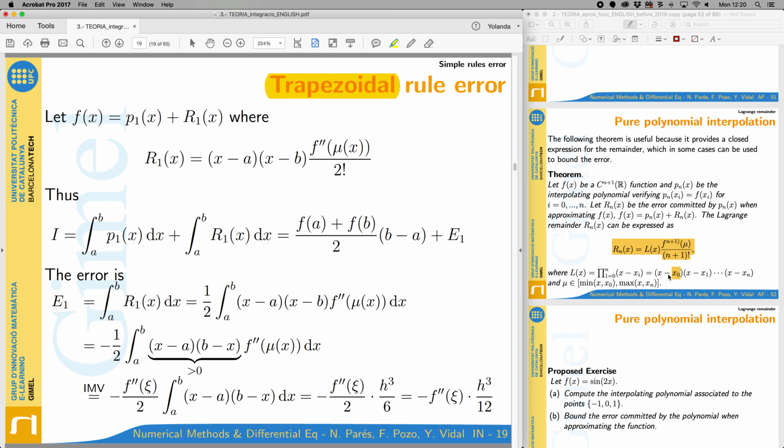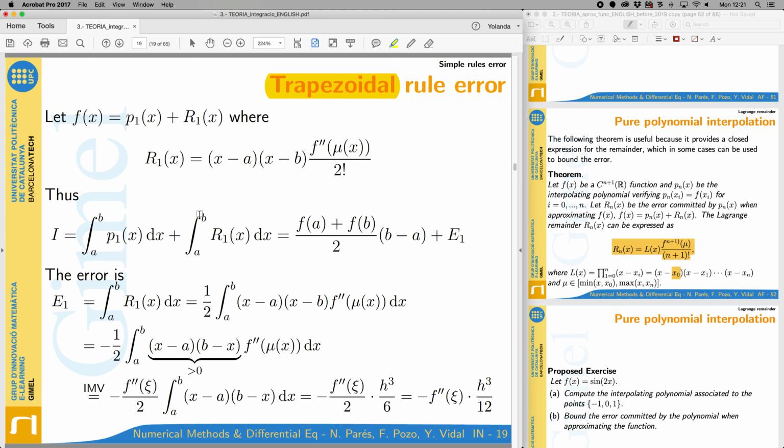So that's why I only have two terms, x minus a, x minus b. As n equals 1, that's the degree of the interpolating polynomial, then here I have 1 plus 1, so I have a second derivative. That's why I have a second derivative here. And here I have 2 factorial. Okay, so this is the expression of the Lagrange remainder.